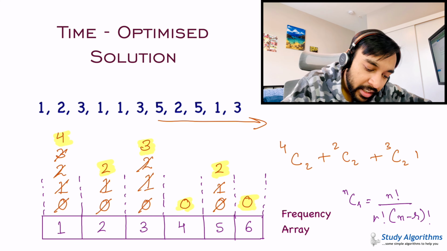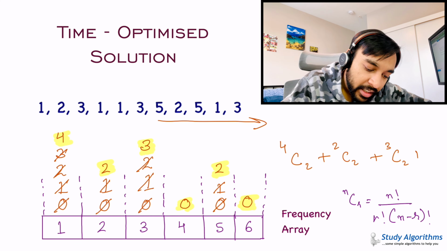So when I run this combination formula for each of the elements in my frequency array, I will get my answer as 3C2 plus 1C2 plus 2C2. And that will give me 3 plus 0 plus 1. And that turns out to be 4. This total count will be then returned as the answer.